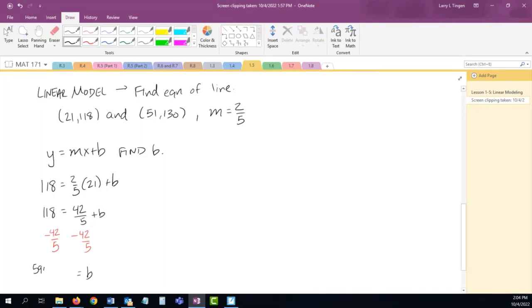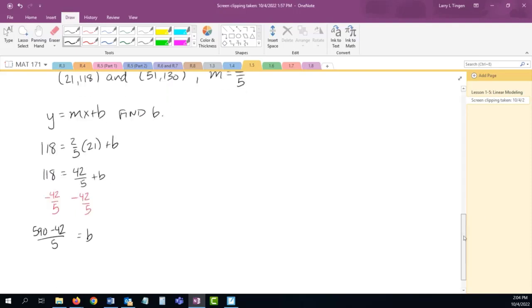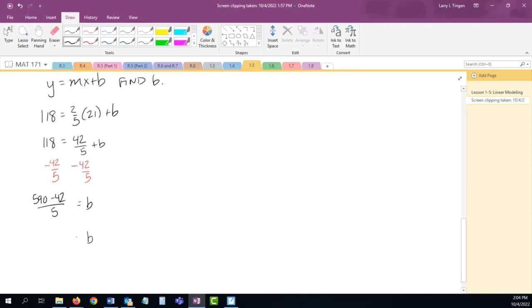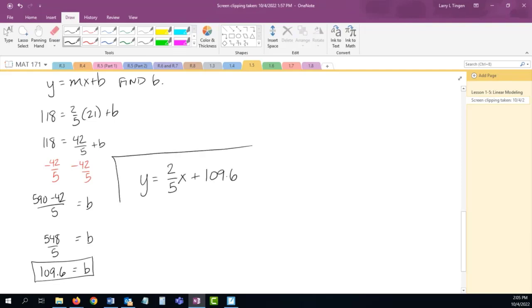So this ends up being 590 minus 42 over 5, which is 548 over 5, which is equal to 109.6. So there's my B value, and I know my slope. So the equation of the line: y is equal to the slope, 2/5, x plus the B value, 109.6.